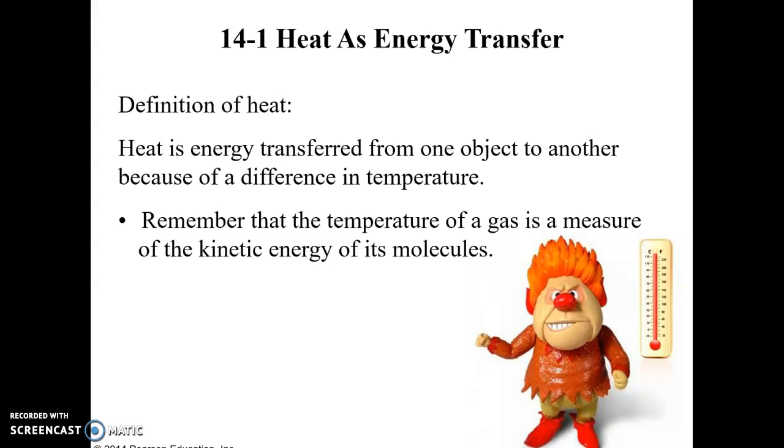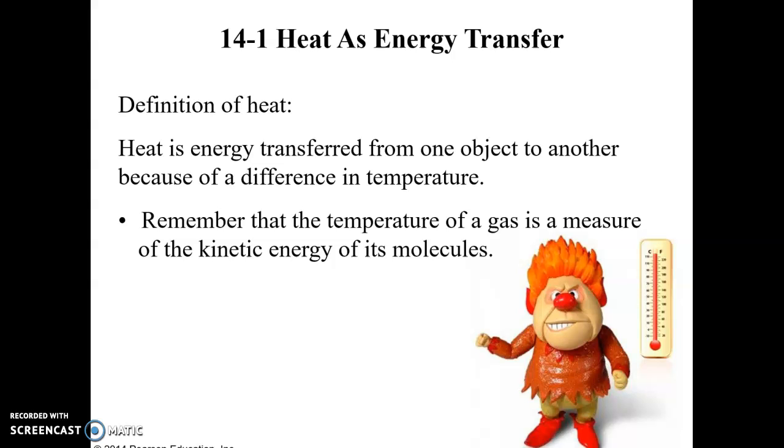So let's talk a little bit more about exactly what heat is. Heat is energy transferred from one object to another. So when you feel something and it feels hot, what is happening is that hot object is transferring its heat energy to you. And a way that we can measure the amount of heat energy in an object is by its temperature.